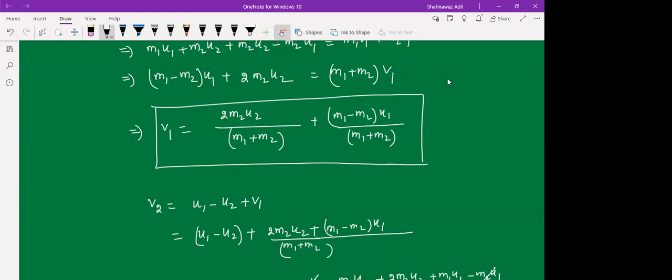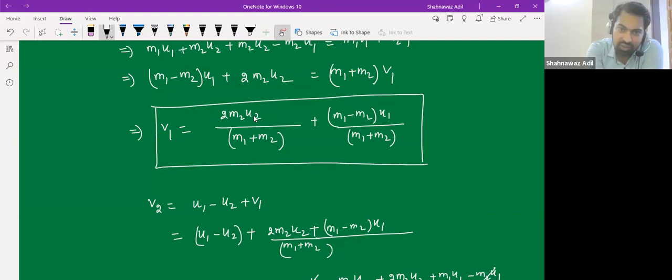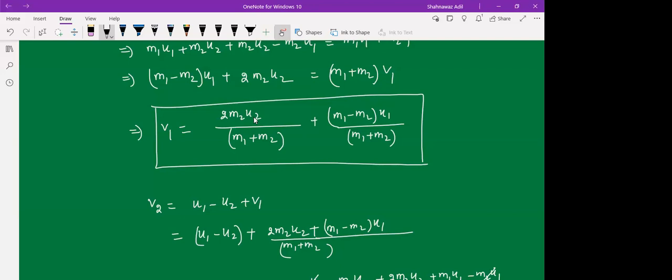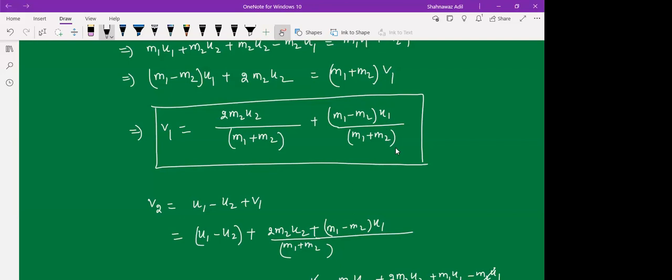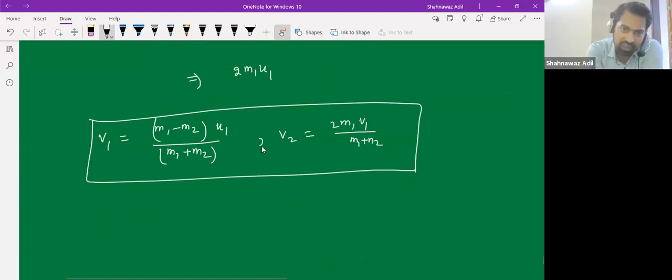Then the 2M2 by M1 plus M2 term is multiplied by 0, so the whole thing would be 0, right? So V1 would be M1 minus M2 U1 by M1 plus M2, which is what we get here.